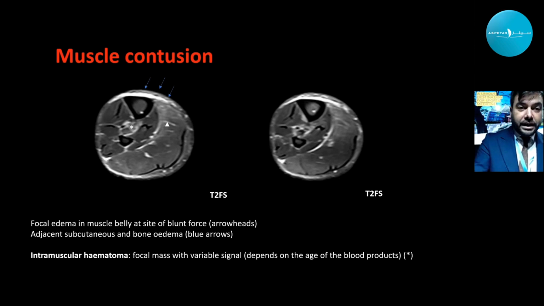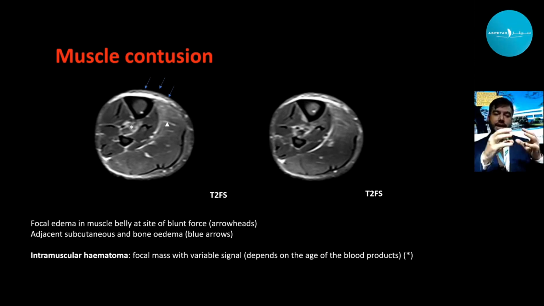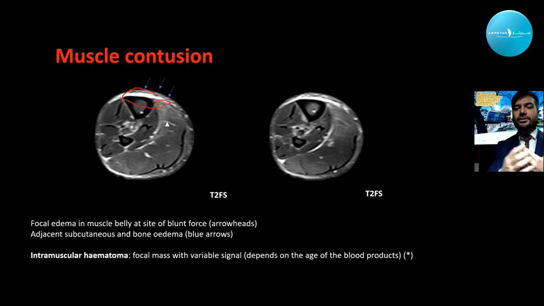So be careful with muscle edema that is not in the real place or the normal place. Normally, as we saw in the previous cases, muscle strains are located in some specific areas. When we see a more diffuse muscle edema with especially adjacent soft tissue edema, think about muscle contusion.